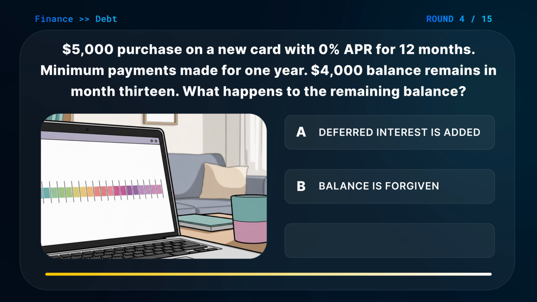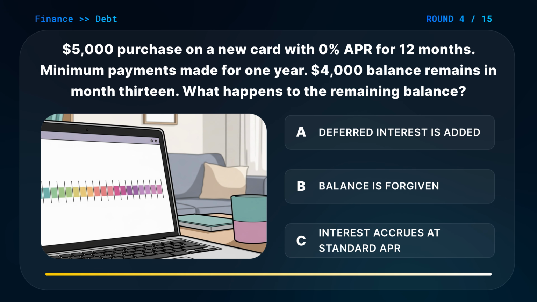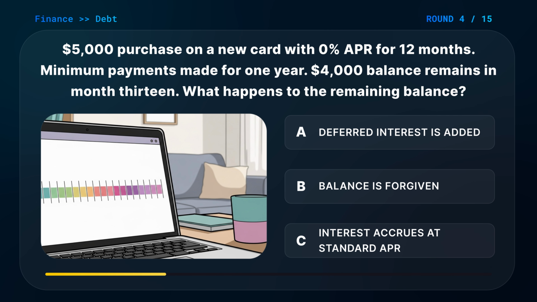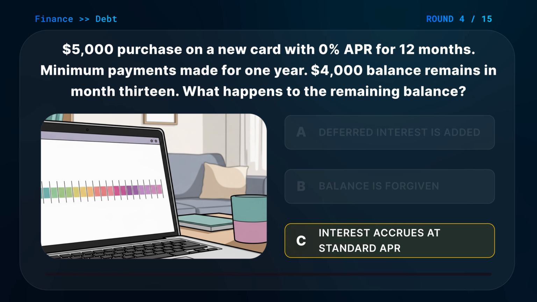B. The balance is forgiven as part of the promotion. Or C. It begins to accrue interest at the card's standard purchase APR. The answer is C. It begins to accrue interest at the card's standard purchase APR.